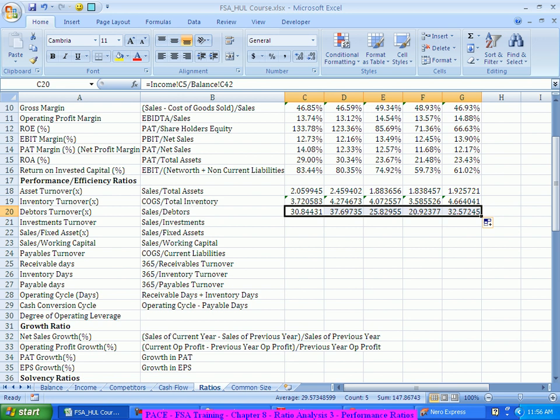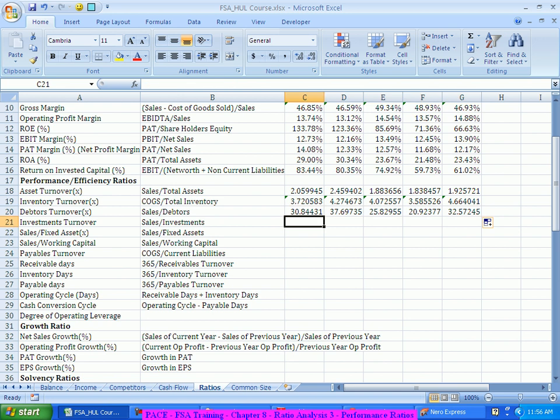Right, even the debtors wise, so credit must, but the accuracy will come when I compare it only with respect to the industry. So all these we have to make sure that the comparisons are done with respect to the industry as well as the past and the competitors. All three have to be done to arrive at our solution.